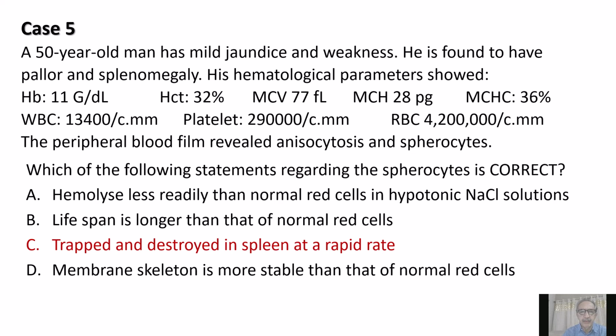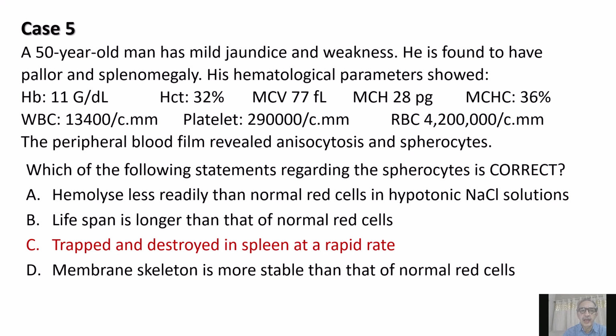This is not very evident in the case because the blood counts are almost near normal, except hematocrit and hemoglobin are borderline reduced. So there is some anemia. So chronic spherocytic anemia. Because of the hemolysis, there is mild jaundice and of course weakness of anemia.